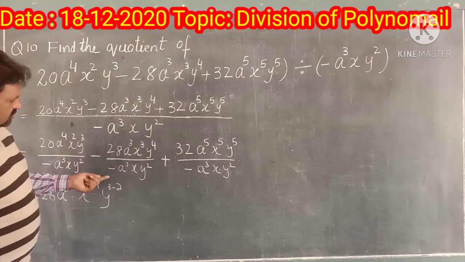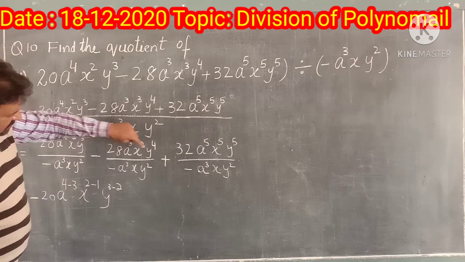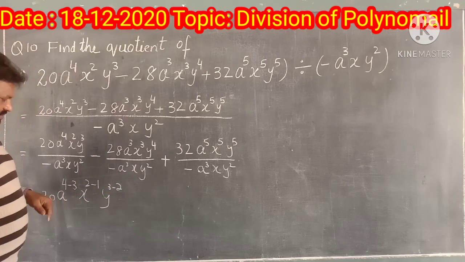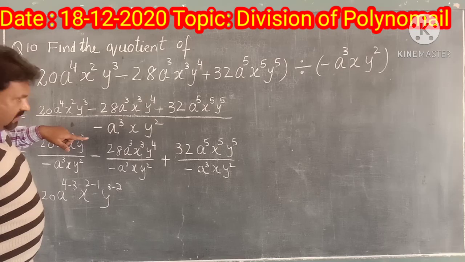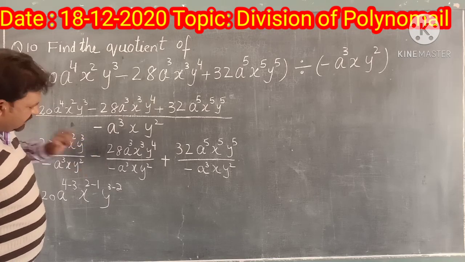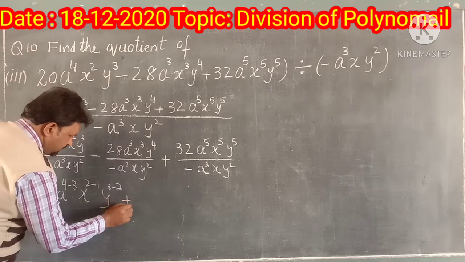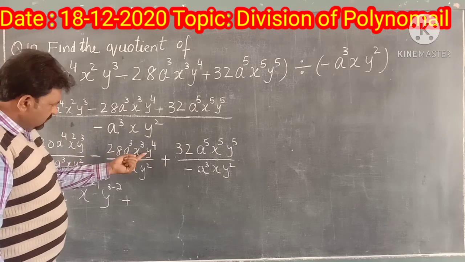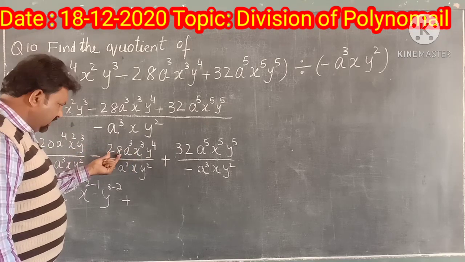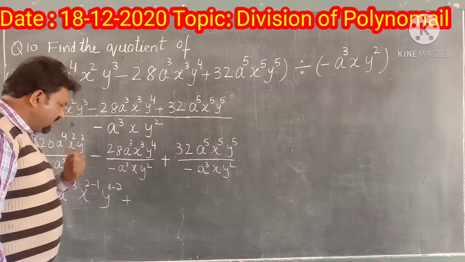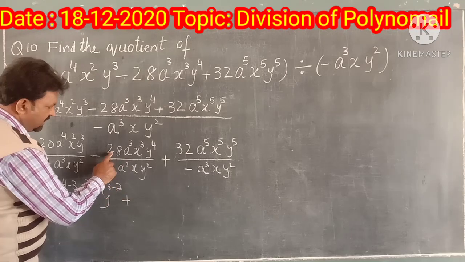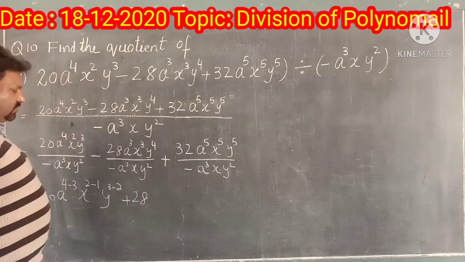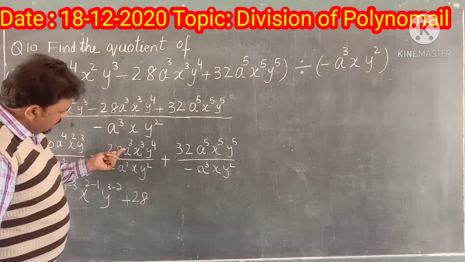Now we will solve the next one. First we solve the signs. The sign of this term is negative and the sign of this term is also negative. According to the rule, when we divide a negative sign by a negative sign, the result will be positive. Next we divide the coefficients: 28 divided by 1 is 28. Now we divide a by a.